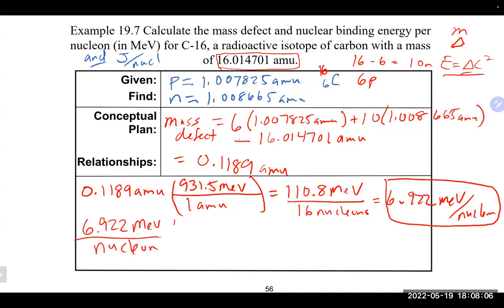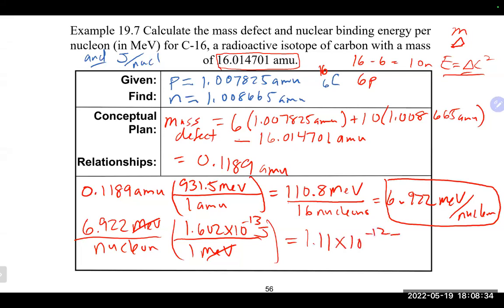And I could just use my conversion to joules: 1 mega electron volt is 1.602 times 10 to the minus 13 joules. Again, these units are going to cancel in this case, and we will end up with, we'll call it, 1.11 times 10 to the minus 12 joules per nucleon.